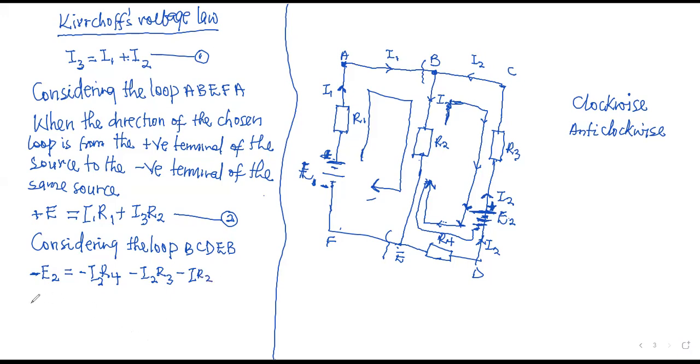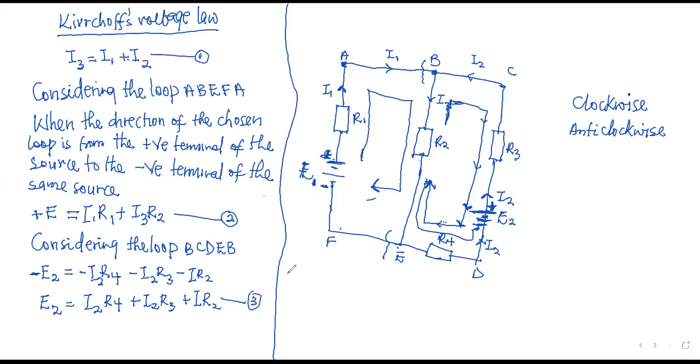Thank you. And so when we factorize out the negatives on the right-hand side, we'll have E2 being equal to I2 times R4 plus I2 times R3 plus I times R2, because all the negatives will cancel out. Okay, so this is equation 3.